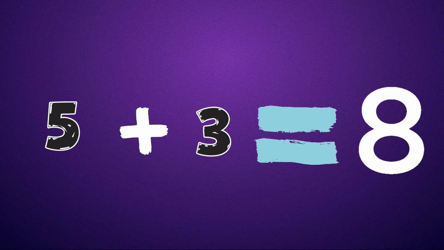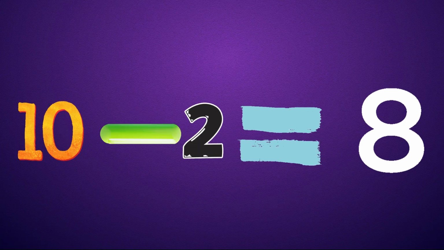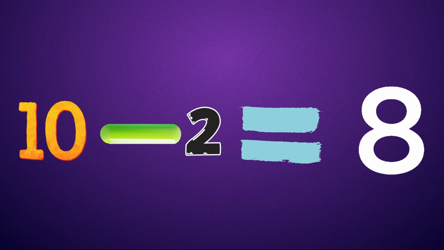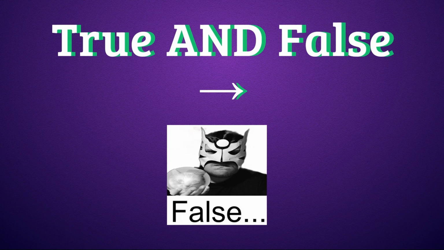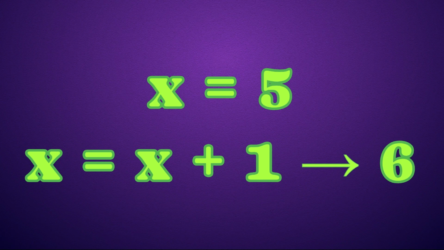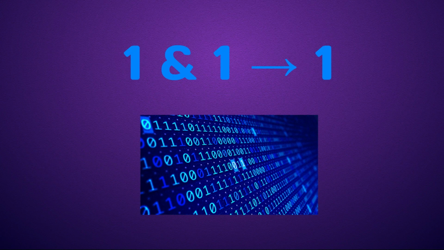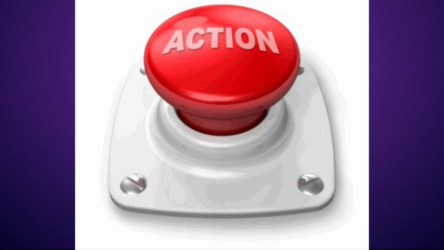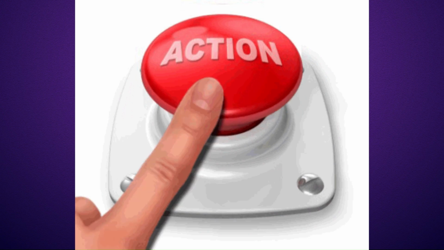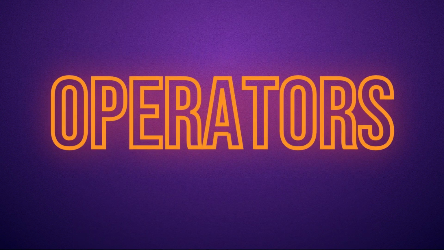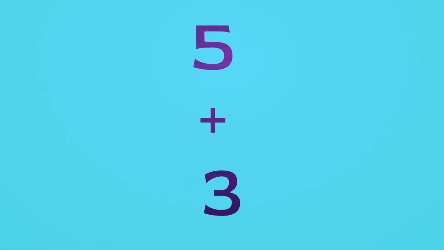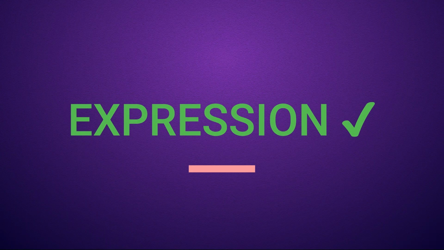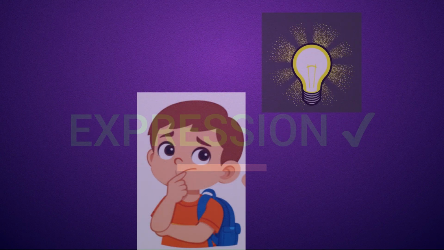Operators are special symbols that tell Python what action to perform. They allow Python to perform calculations, compare values, combine conditions, update variables, and even work at the binary level. Whenever Python performs an action, it is using an operator. And when values and operators combine together, they form something called an expression.